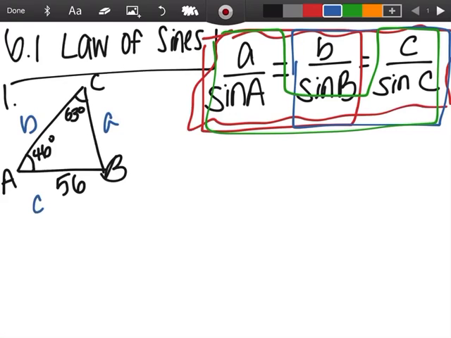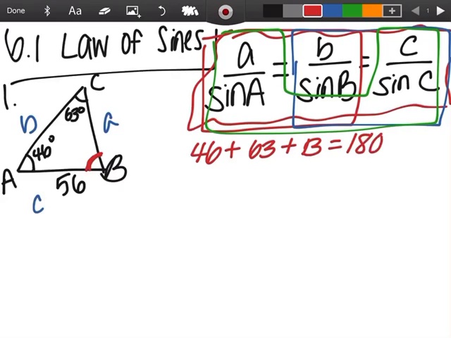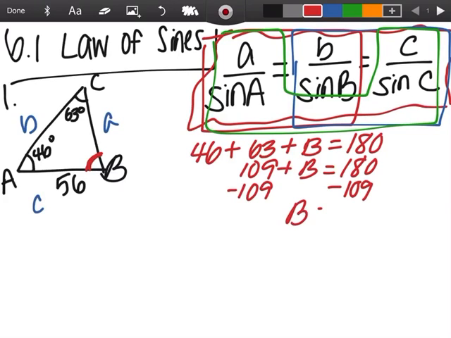I'm going to start with angle B. The angles in a triangle add up to 180, so 46 plus 63 plus B have to equal 180. 46 plus 63 is 109, and when I subtract 109 from 180, B is equal to 71 degrees. Look, I'm already a third of the way done.